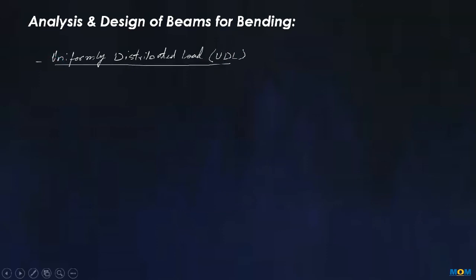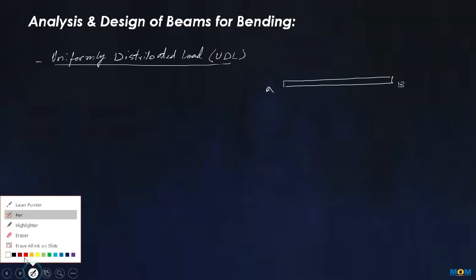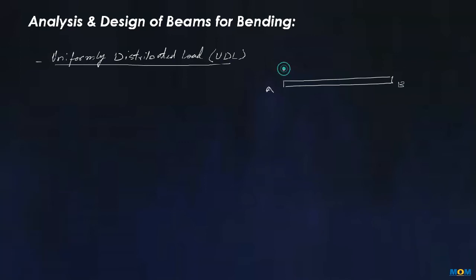In this case, the load on beam AB is all along the beam, and this is denoted with sign omega.